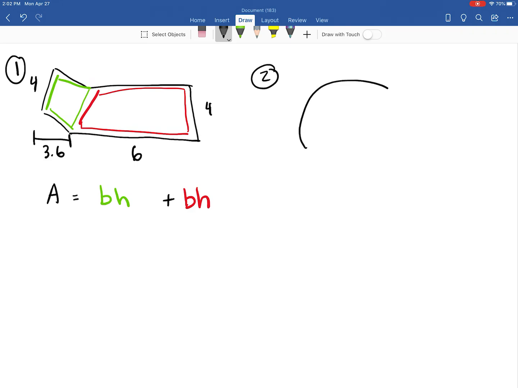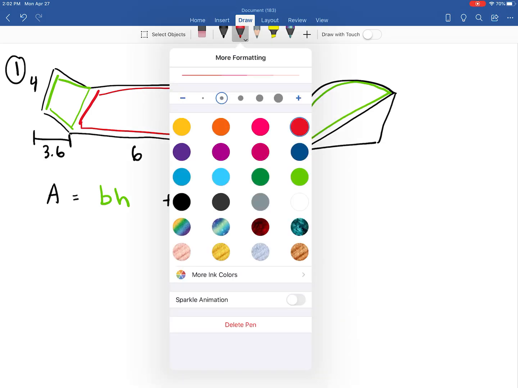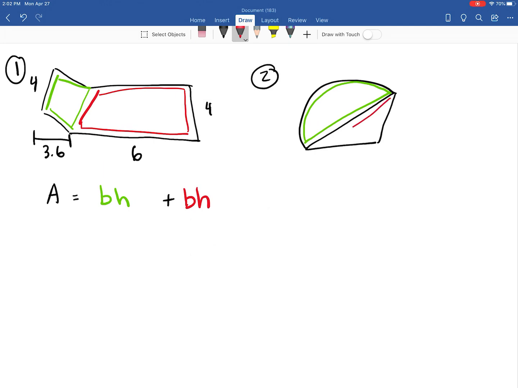Number 2, we also drew out in our notes, but just in case, I see in green half of a circle, and in red I see a triangle. In the book it says this is 14, the height of this triangle is 10, and the diameter of the circle is 22.